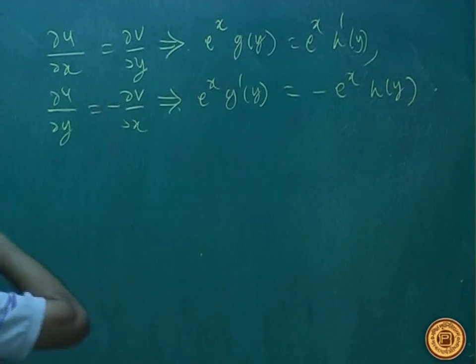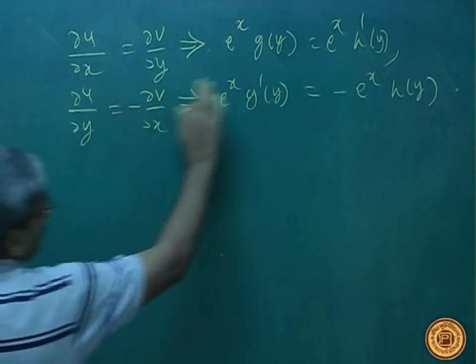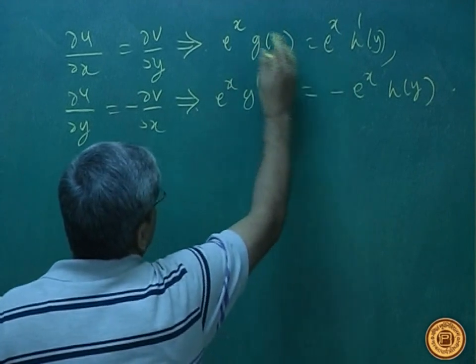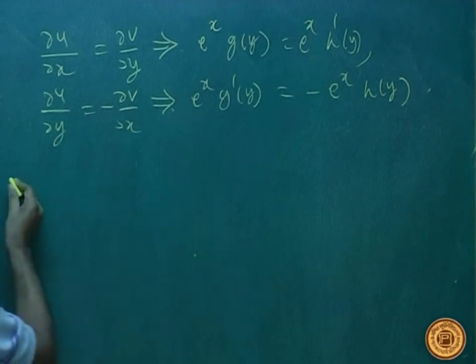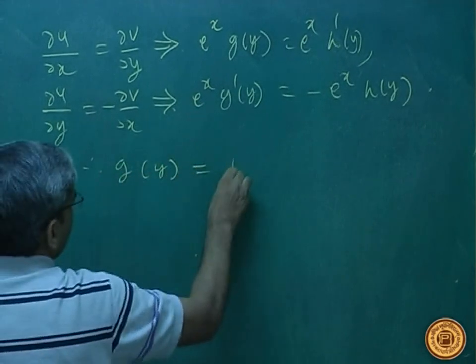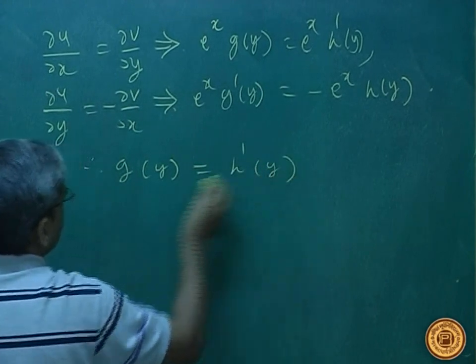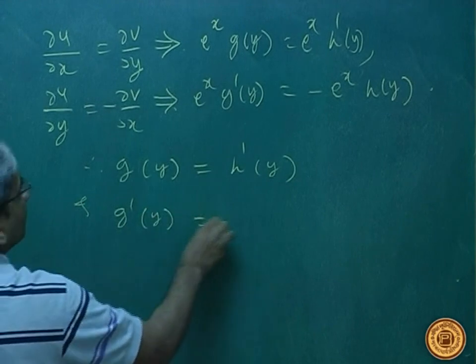Now we saw that the exponential function is never 0. So I can cancel e to the power x from both sides. Therefore we get g(y) = h'(y) and g'(y) = -h(y).